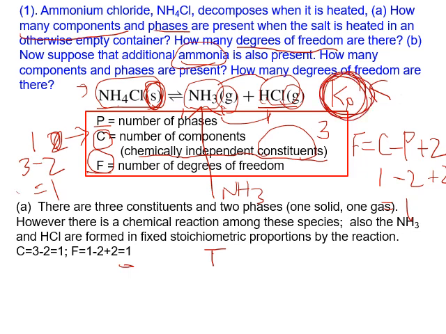So you have 3 constituents and 1 equilibrium constant equation. So C is 3 minus 1, that's 2. So 2 minus the phases, still 2, plus 2, and that gives you 2. The degree of freedom should be 2.